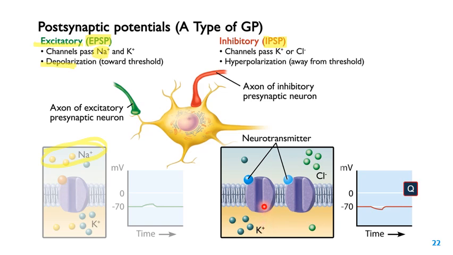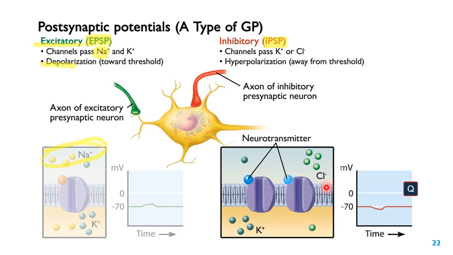So opening only the potassium channel is going to cause an inhibitory signal, and that is called a hyperpolarization. When you have both of these opening at the same time, then you have to really do the summation and see which one is winning the race.